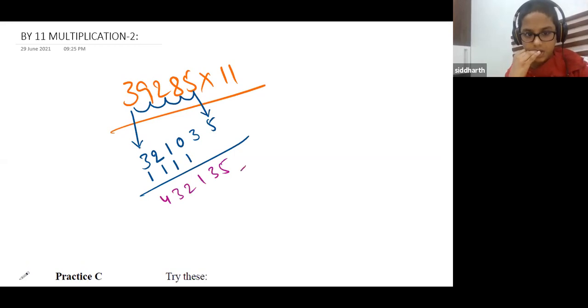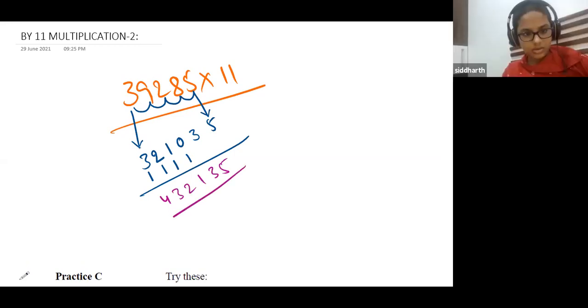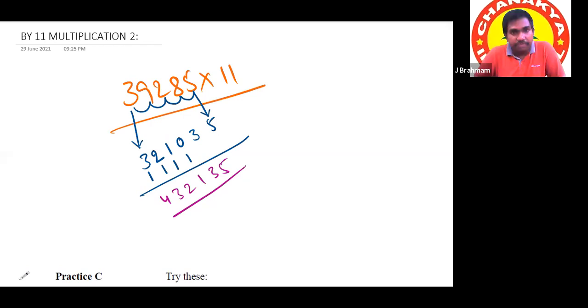Sir, shouldn't we write 3 on the front also? We have taken the front only, but we need to add 1 to 3 because there is a carry in the next place.